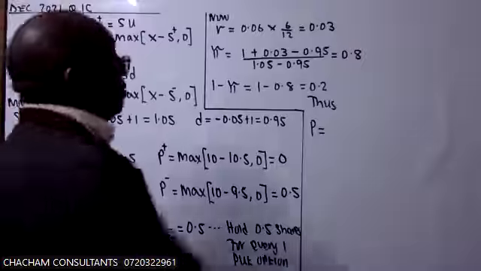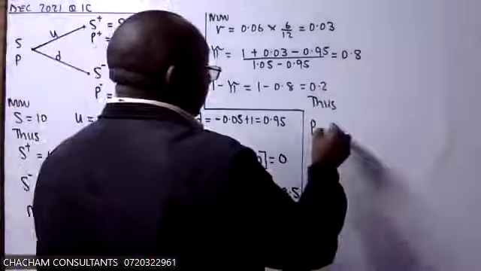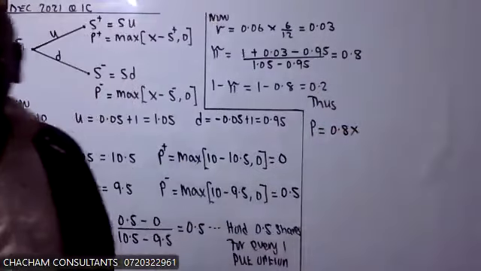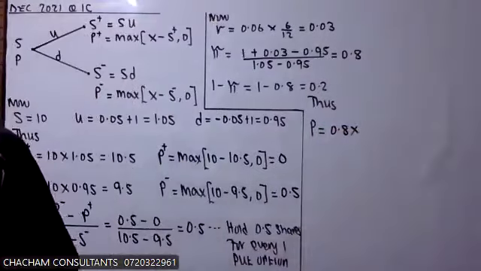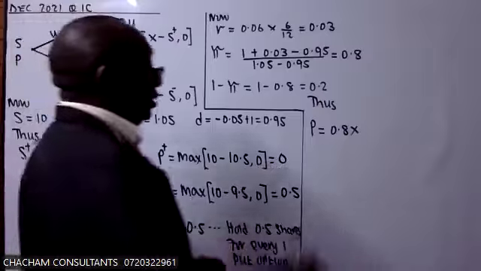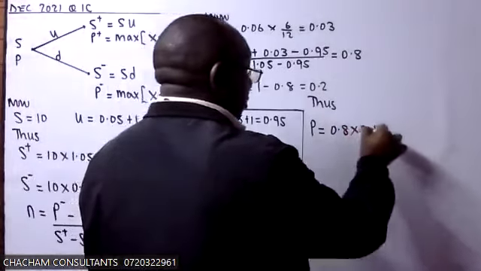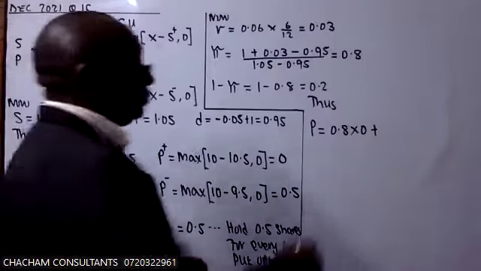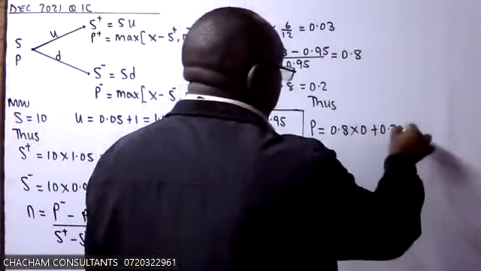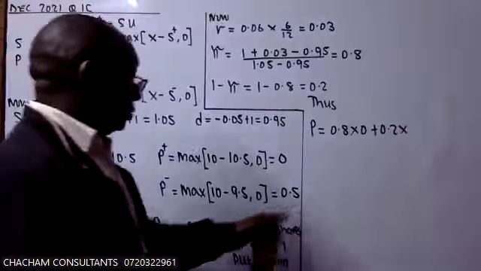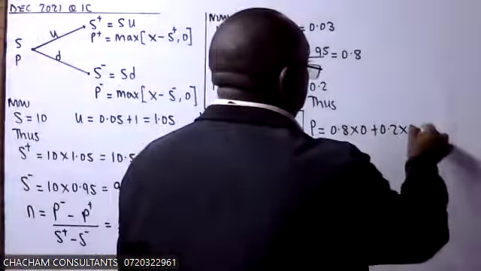So you take the probability of going up, this one, you multiply by the upward price, the P up, this one, it is 0, plus the probability of going down, multiplied by the value of the put if we go down, this one, 0.5.